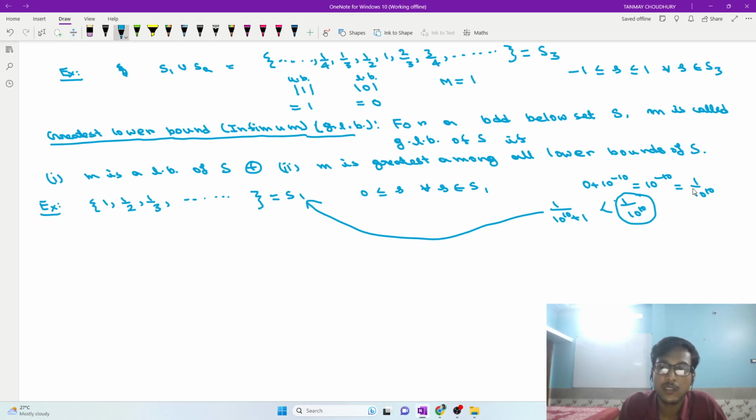That means 10 to the power minus 10 fails to be a lower bound. So anything, if you increase from 0, will fail to be a lower bound of this set S1, hence 0 is the greatest lower bound.